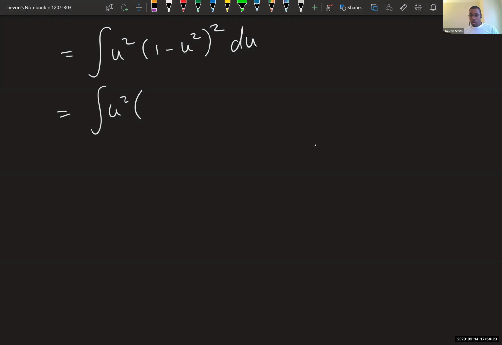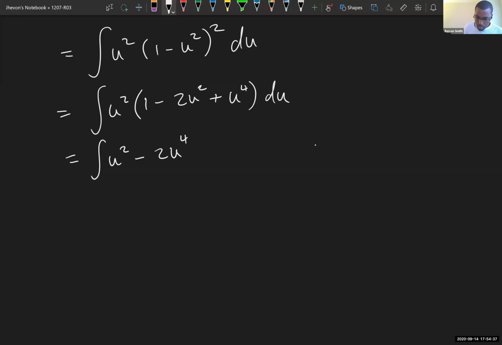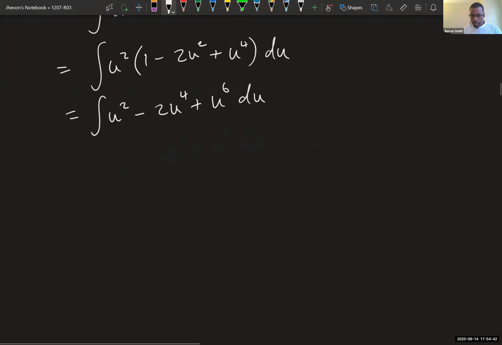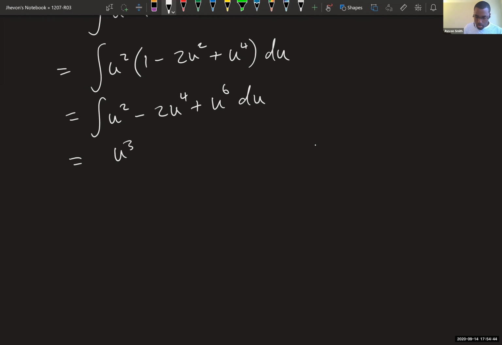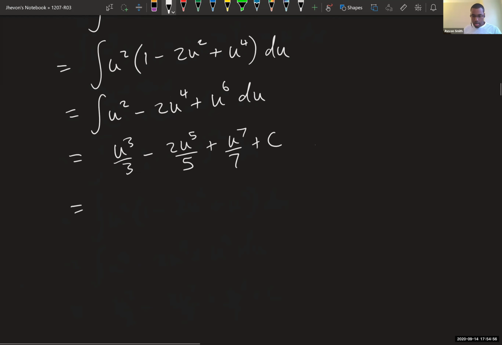So yeah, I would multiply out to get a polynomial, because it's really just a polynomial. It just requires a couple steps of algebra. And at this point, it's just a power rule. And our u in this case was the sine.